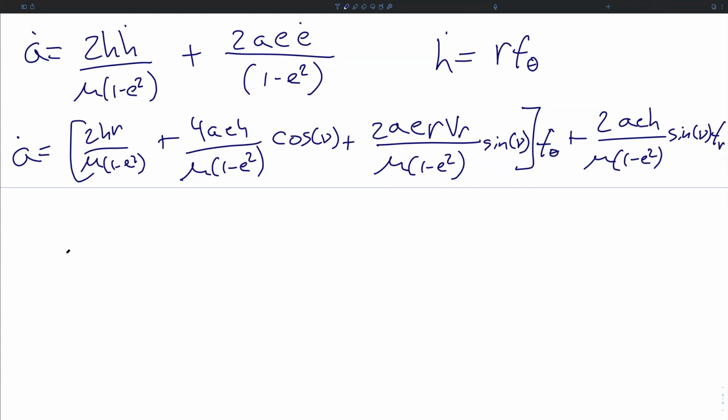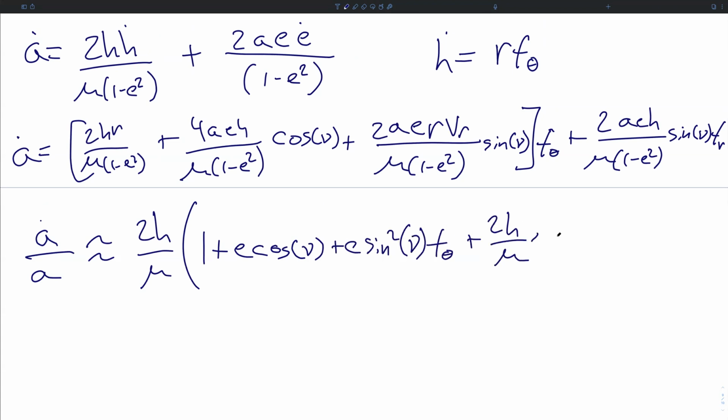Once again, we will make the approximation that the eccentricity is small, and in this case, we can rewrite this expression scaling by the original semi-major axis, so a dot over a, as approximately 2h over mu times the quantity 1 plus e cosine of nu plus e sine squared of nu times f_theta plus 2h over mu times e times sine of nu times f_r.